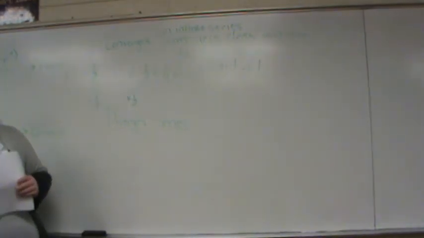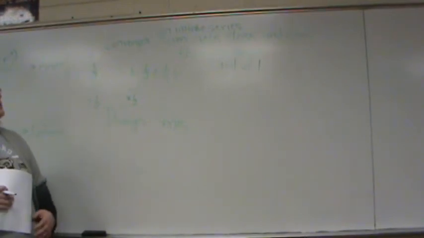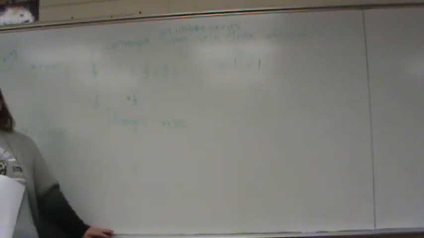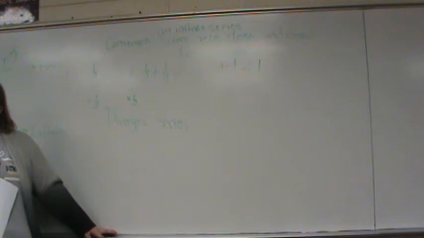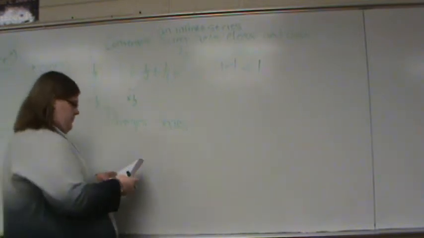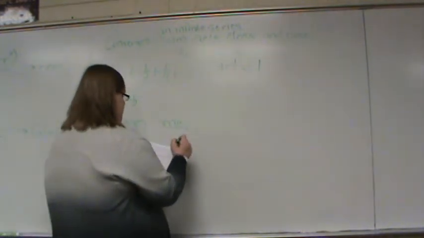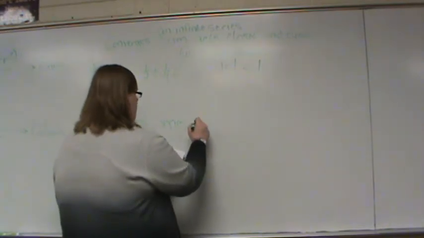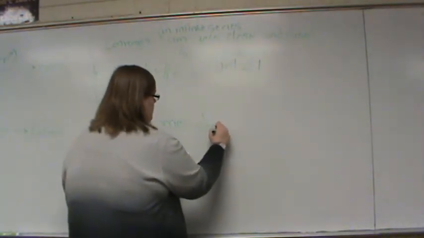So when the sum doesn't get closer and closer to a number, like how fractions get smaller and smaller and closer to a number, it's going to get huge, bigger and bigger. So it doesn't get closer to a number, it's just going to get infinite.